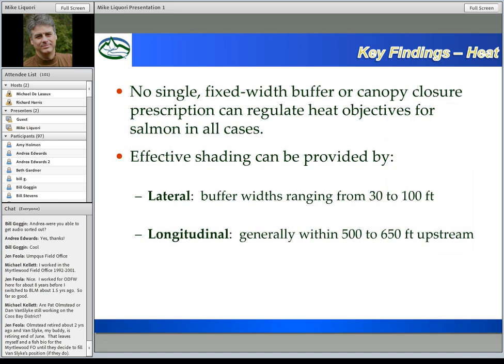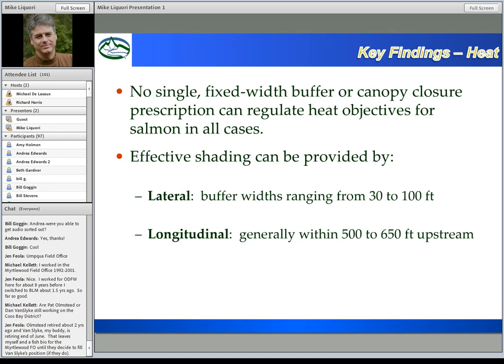We also found that there were no single fixed-width buffers or canopy closure prescriptions that can regulate heat objectives for salmon in all cases, but that effective shading was generally provided by buffer widths ranging from 30 to 100 feet, and that as you went upstream and downstream, if you did have a canopy gap, for example, that canopy gap would re-equilibrate within about 500 to 650 feet.